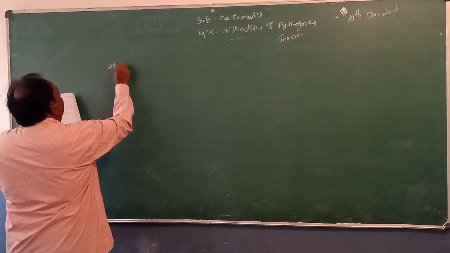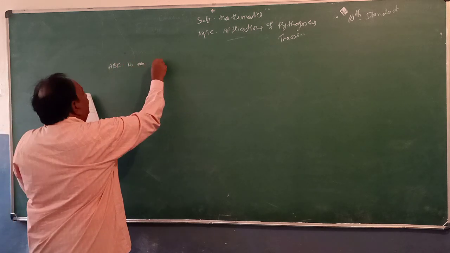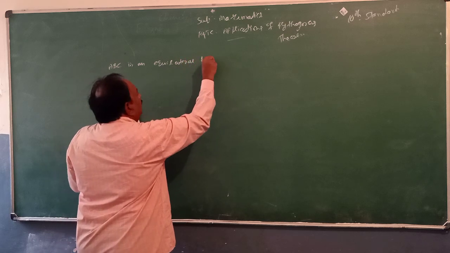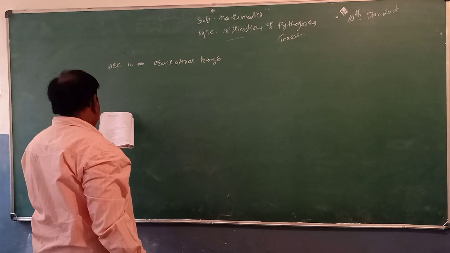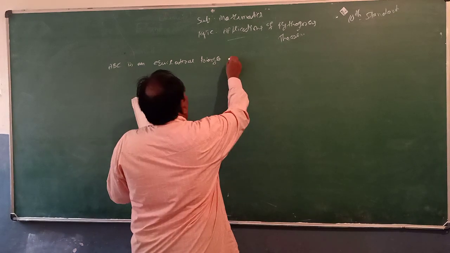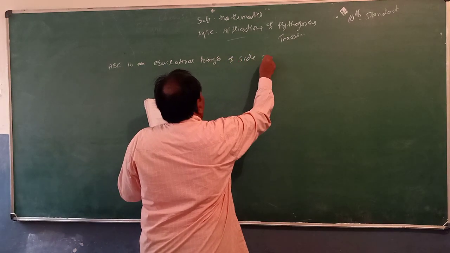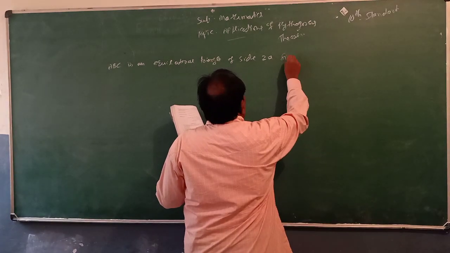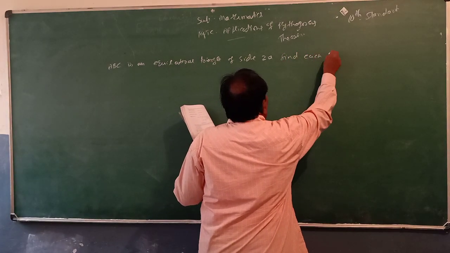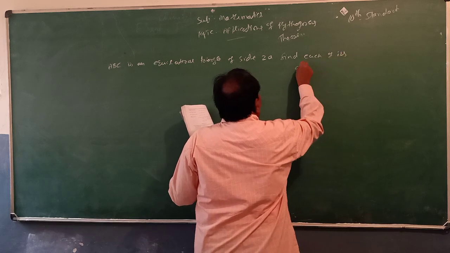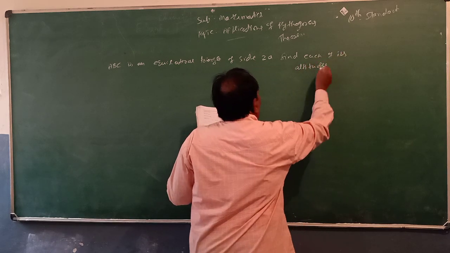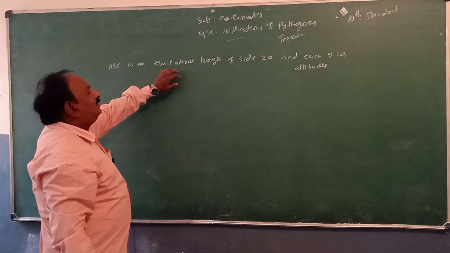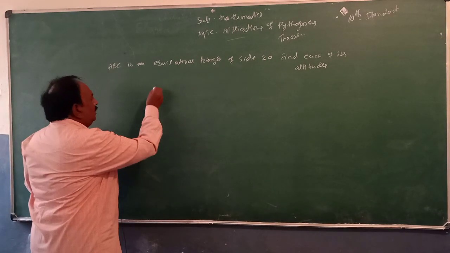ABC is an equilateral triangle of side 2A. Find each of its altitudes. ABC is an equilateral triangle of side 2A.